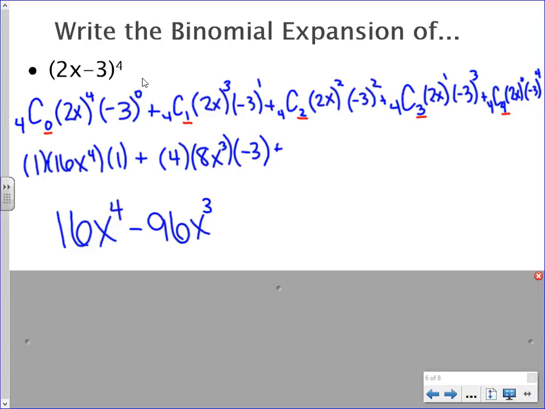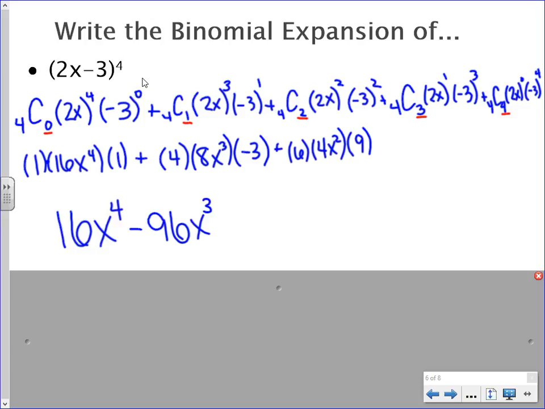Our next term. What is 4 combinations of 2? 6. 2x, the quantity squared, is the same as 4x squared. And -3, the quantity squared, is a positive 9.